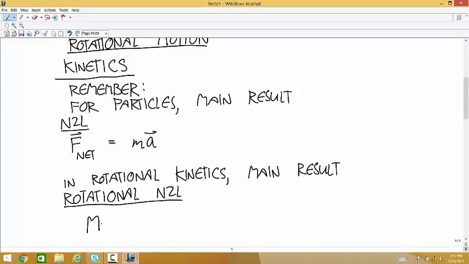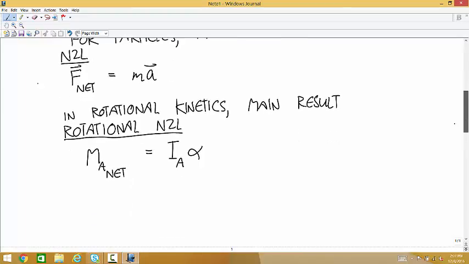If you add up all the moments, so I'll write that as the net moment about this axis A, that's equal to the moment of inertia about A times the angular acceleration. We already know what angular acceleration is, but we haven't defined the moment about an axis or the moment of inertia about an axis.